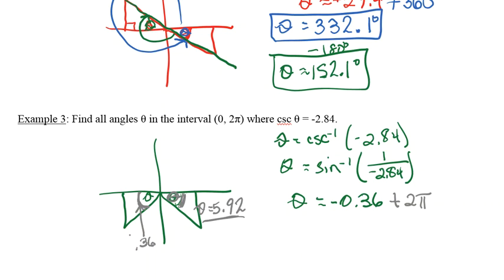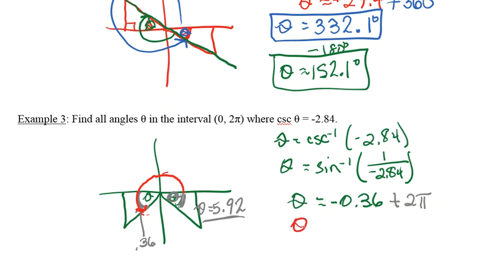So this little piece right here is 0.36. If I want to know what that angle is, starting at the initial side, I would travel to here, and back to here. So I want to know what that is added up. Well, we know that that's half a pi, that's a pi, so it's a pi plus the 0.36.